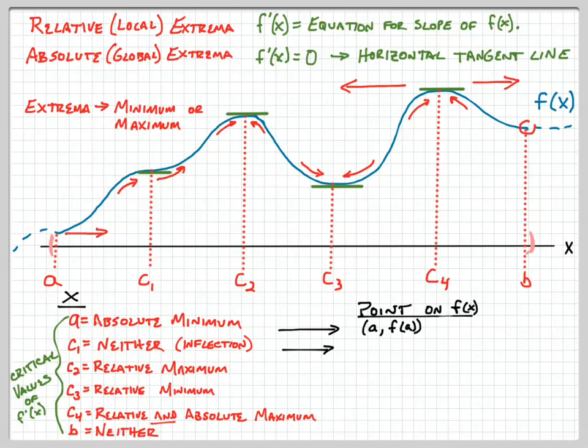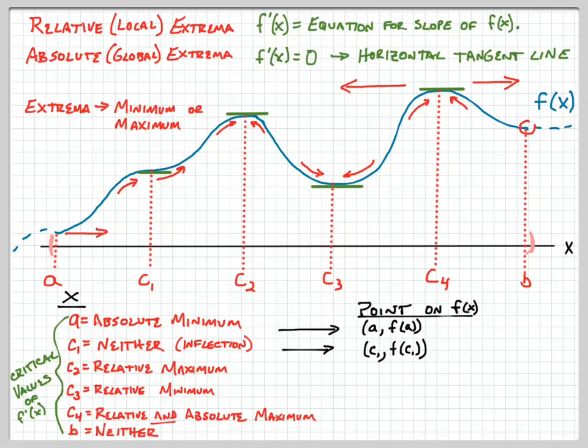If we were looking at C1, and we wanted to know what point we have an inflection, we know that the x value is C1 and the y value is going to be f of C1. So plugging C1 into the function, not the derivative, the function. Because remember, if we plug it into the derivative, then we're going to get the value of 0.